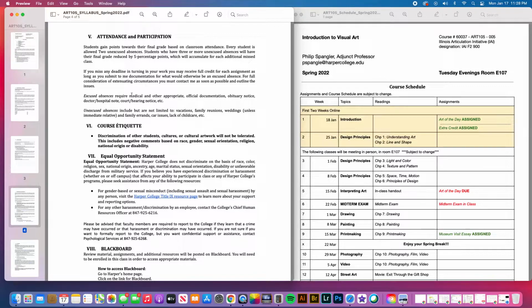That would be a medical emergency, and I would require official documentation: an obituary notice from a close relative, a doctor or hospital note, a court hearing. I would need documentation. Those are all excused absences.